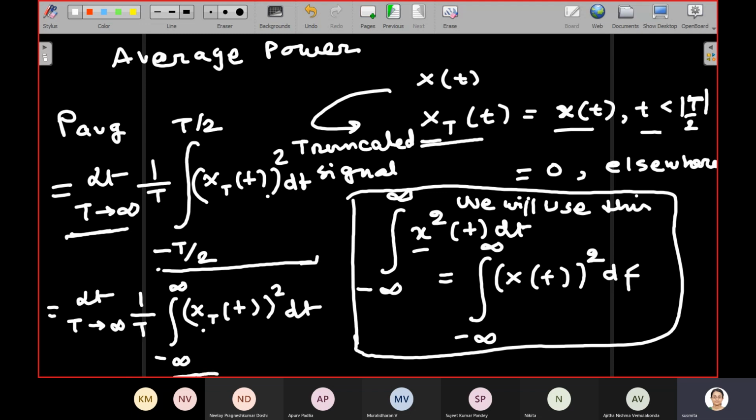Next, we are going to replace the integration because here we have the same form as this one. We are going to replace this integration with the right hand side of this. So instead of doing things in the time domain, we are going to do the integration in the frequency domain.